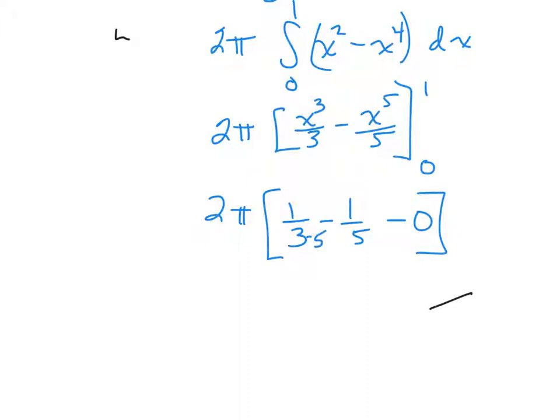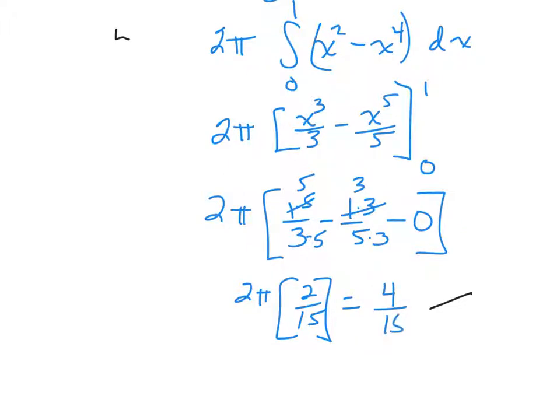Let's see, times 5 times 5 would be 5 over 15 minus 3 over 15, which would be 2 over 15. And 2 pi times 2 over 15 would be 4/15 pi for the volume.